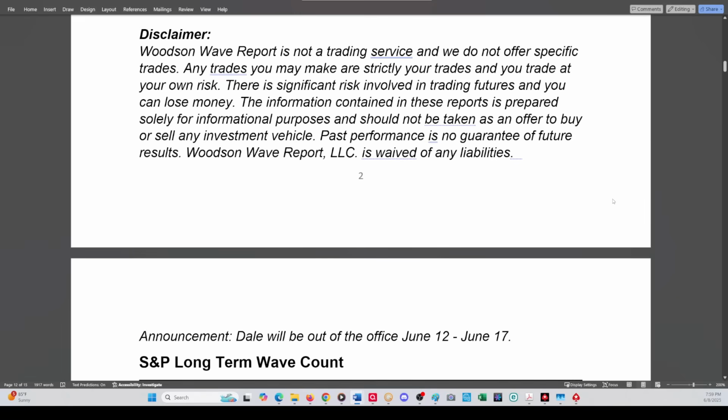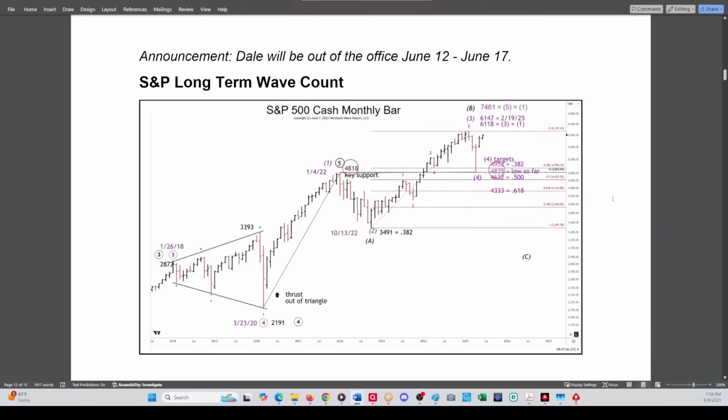Okay, let's get into the S&P 500 cash. As you can see, I'll be out of the office for a few days this week. On the monthly log chart, you can see we have a wave 3 in both the blue and purple counts. Then a fourth wave expanding triangle in both counts, and a thrust out of that triangle.